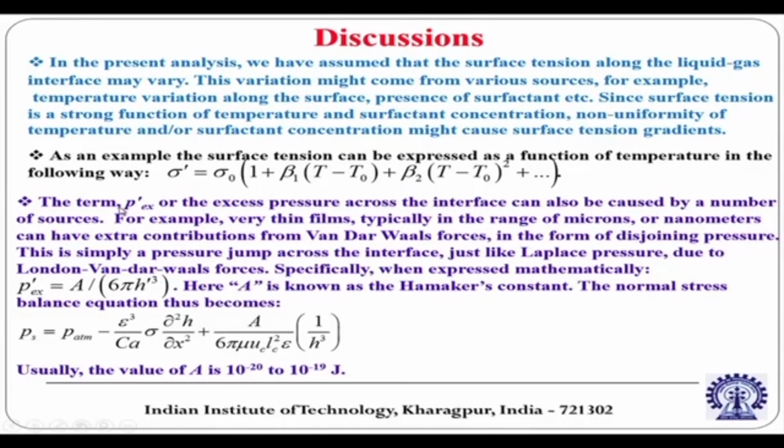Now, what about the term P dash x, or the excess pressure across the interface? For very thin films, typically in the range of microns or nanometers, there can be an extra contribution from van der Waals forces in the form of disjoining pressure. This is simply a pressure jump across the interface just like a Laplace pressure, but due to van der Waals forces.